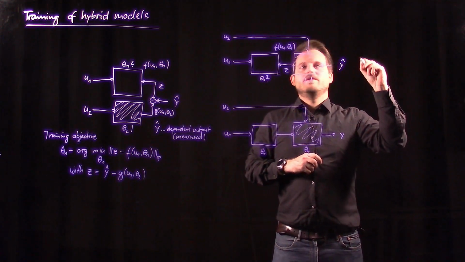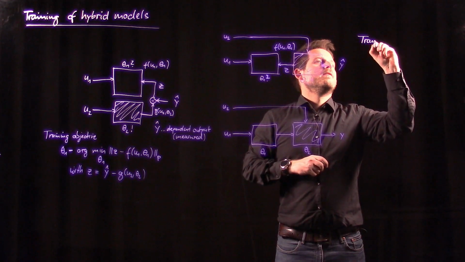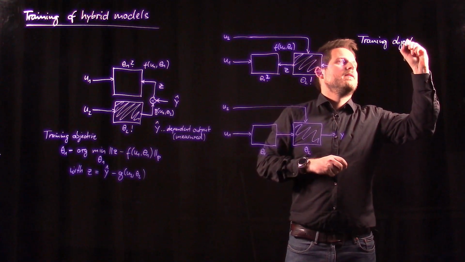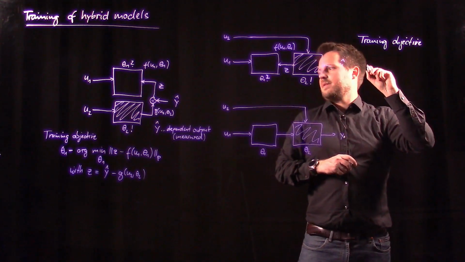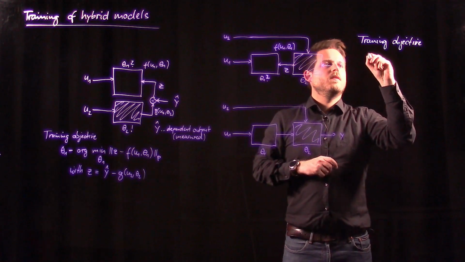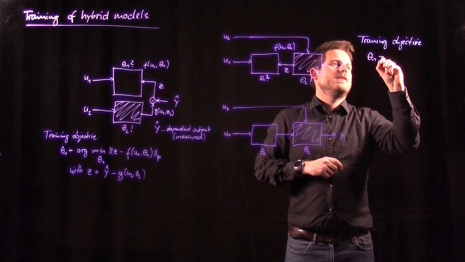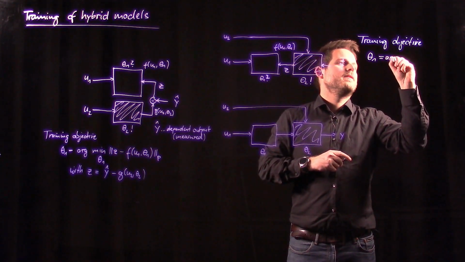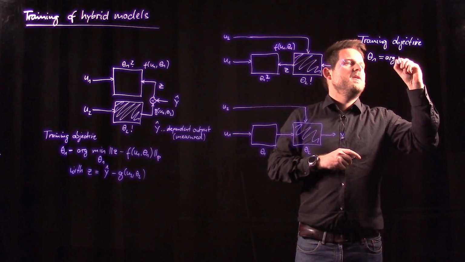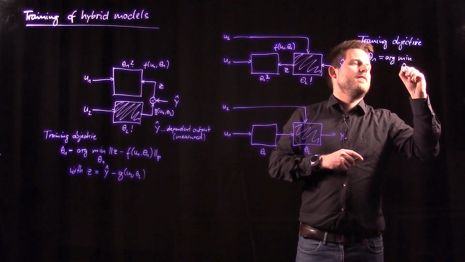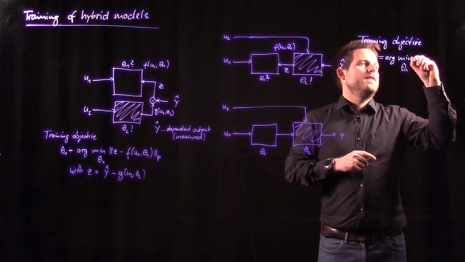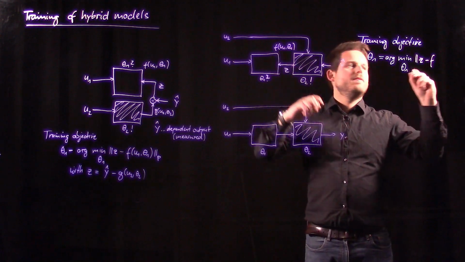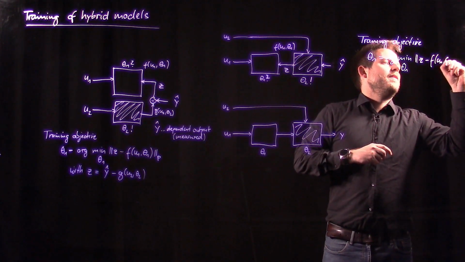If you would write down the training objective, this would be, or could be, in general, something like your theta 1 again is the arg min, minimized with theta 1, of the norm of Z minus what comes out here, so f of u1 and theta 1.